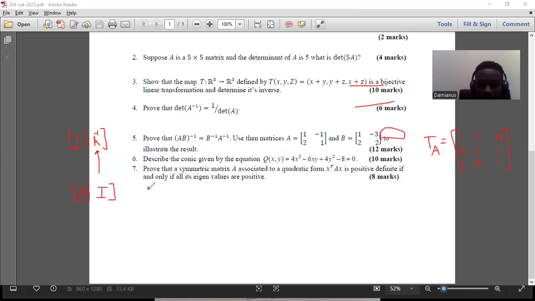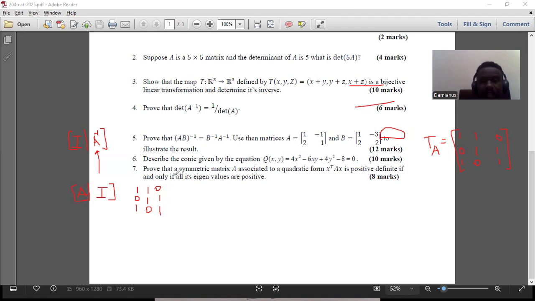So we write it down. We just have 1, 0, no, oops, sorry. So what do we have? We have 1, 0, 1. Then we have 1, 1, 0. Then we have 0, 1, 1.